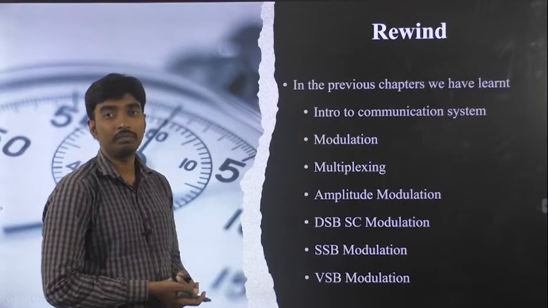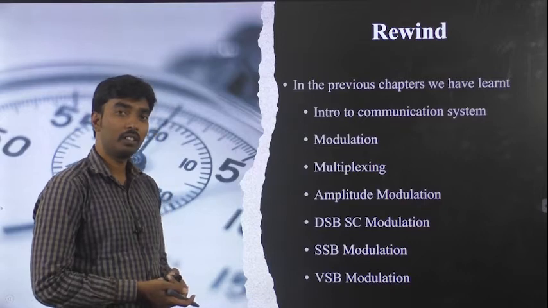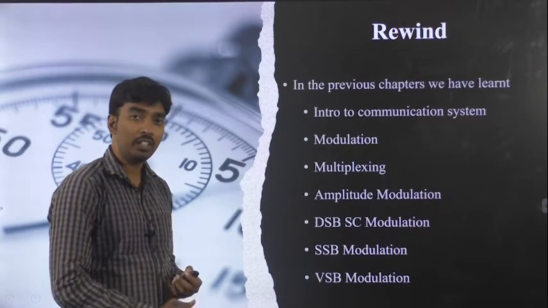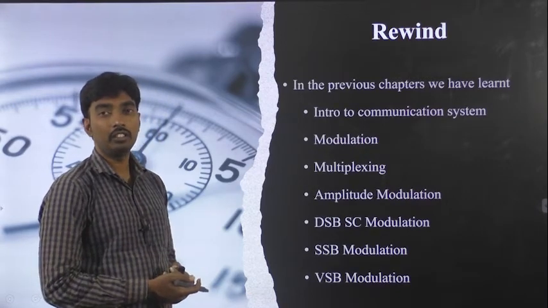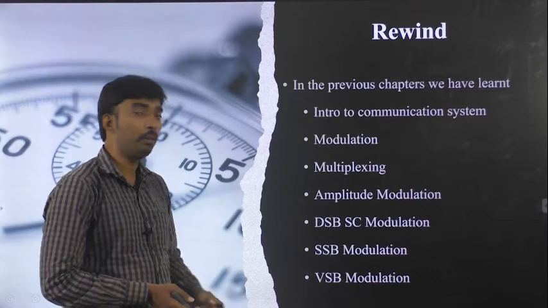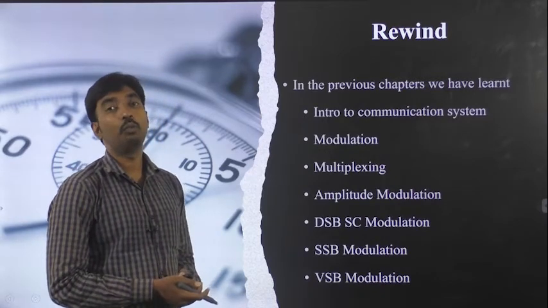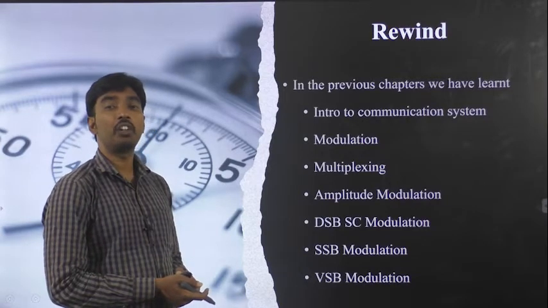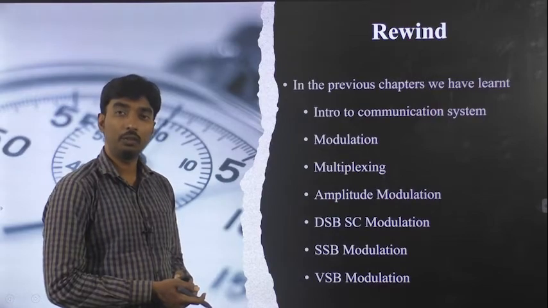And in television especially, we transmit video signal as well as audio signal. For video transmission, we use VSB modulation, and for audio transmission, we use the FM signal, frequency modulated signal. And that we are going to discuss in this unit.